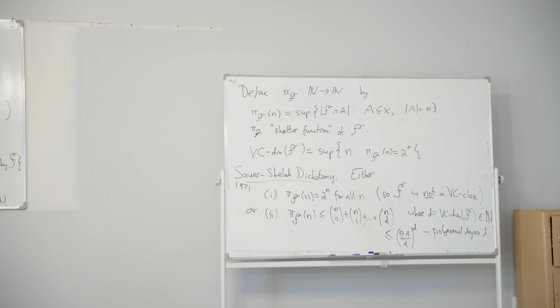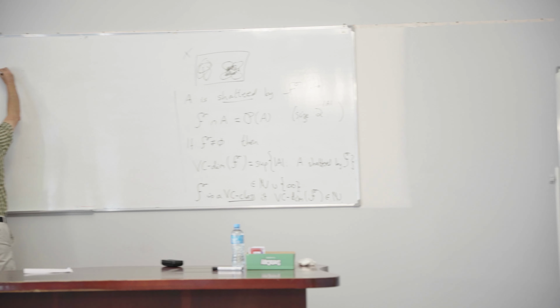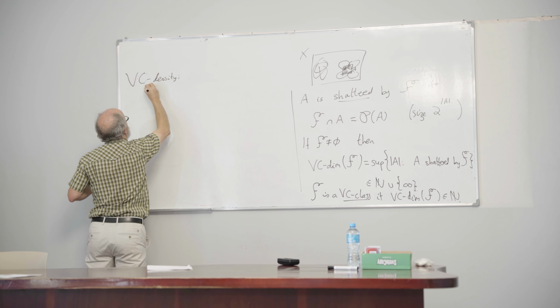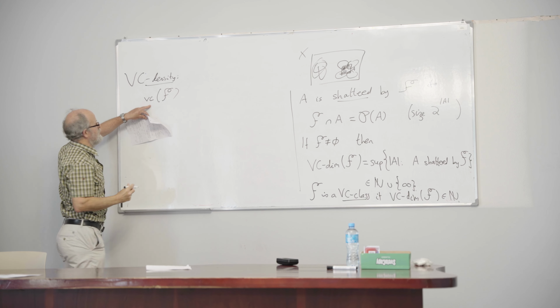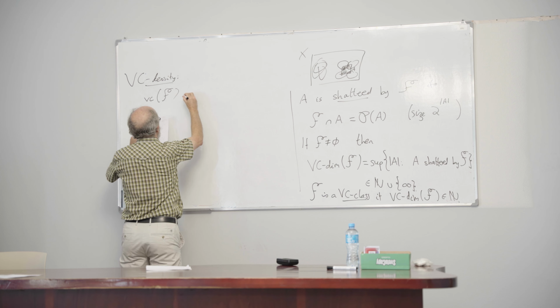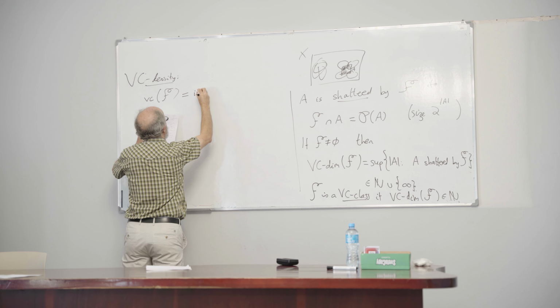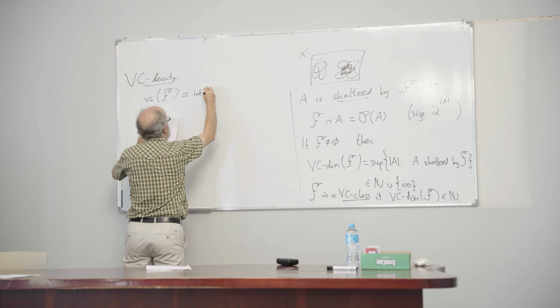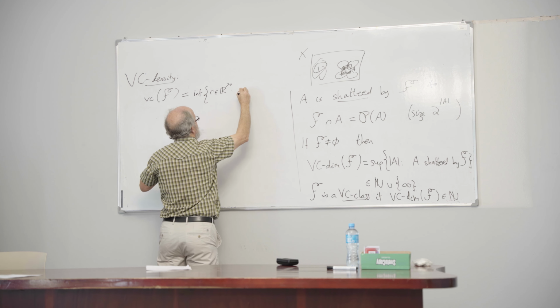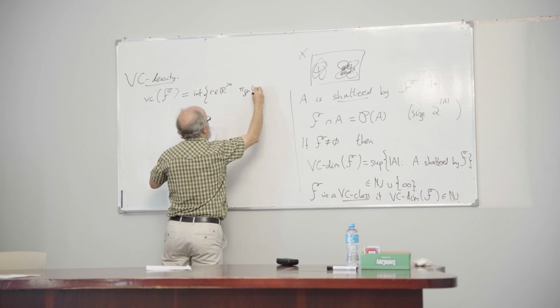So now we can define VC density. I'm going to use a lowercase vc of f, rather than uppercase. vc of f is going to be the infimum of the set of all r in the positive reals such that pi f of n is big O of n to the r.